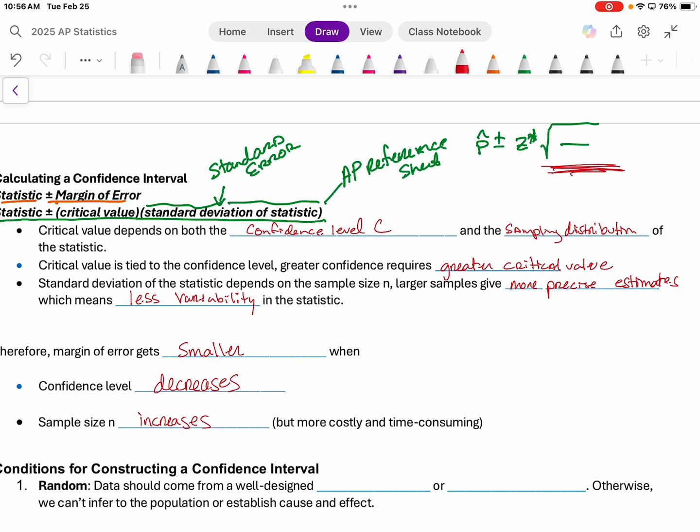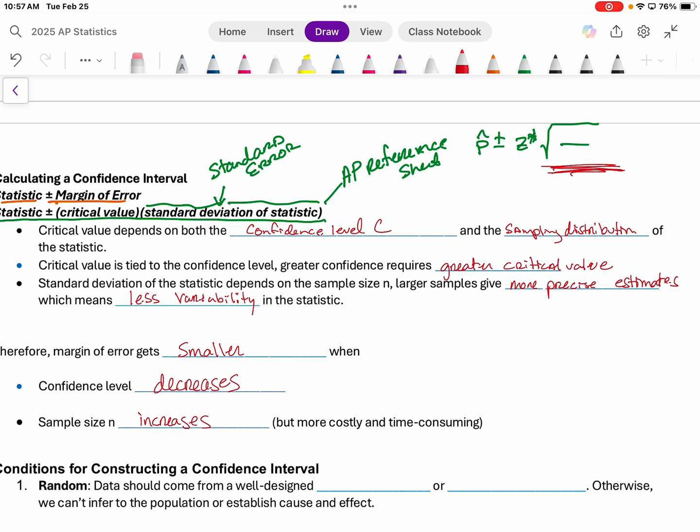Now this is where I was referencing back to the opposite. If we go from a smaller confidence level to a bigger confidence level, so I go from a 90 to a 97, then my margin of error increases.